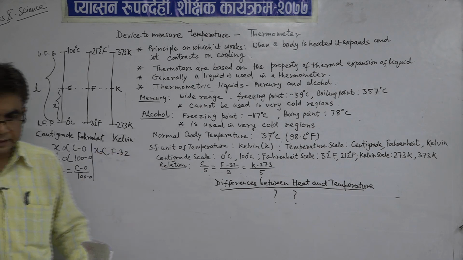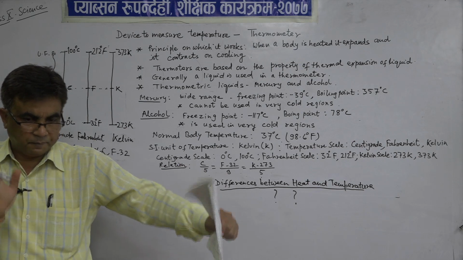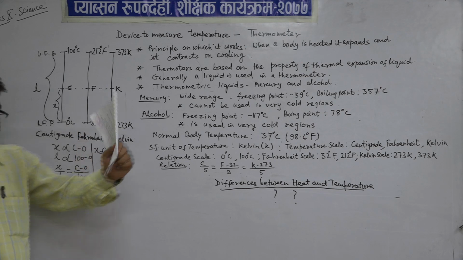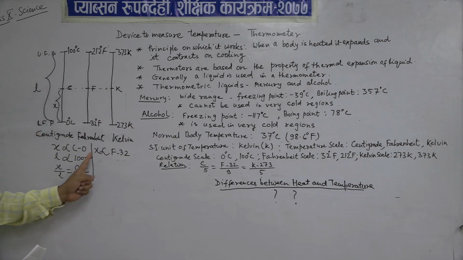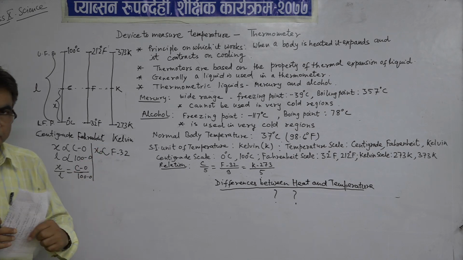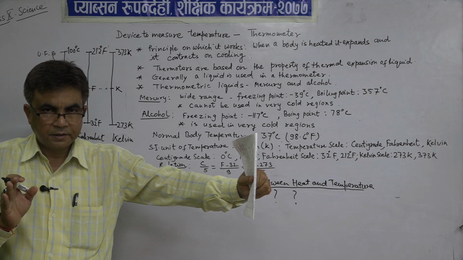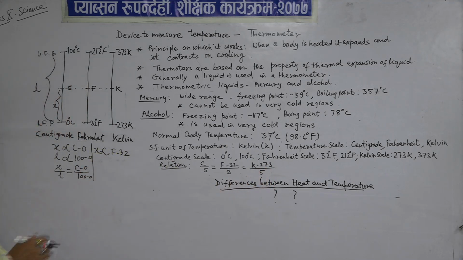Don't get confused. Suppose it is 50, then what is in between? 50 minus 32. Here is 32, here is F, so F minus 32. So x is proportional to F minus 32. I am writing proportion because this F point may get changed.